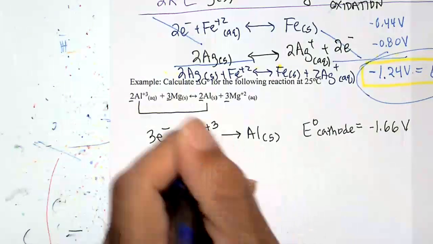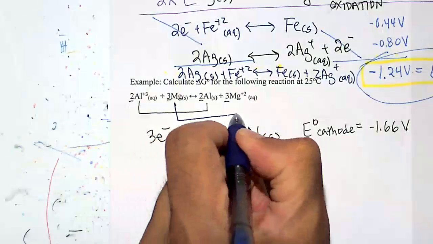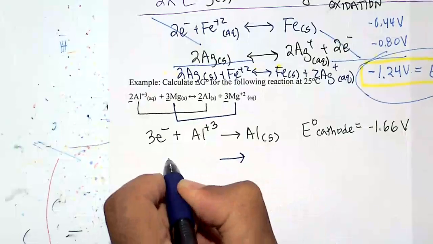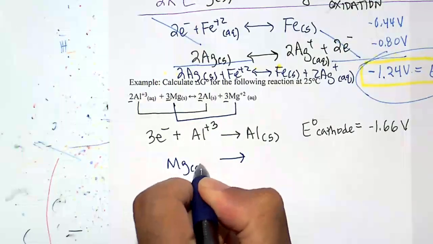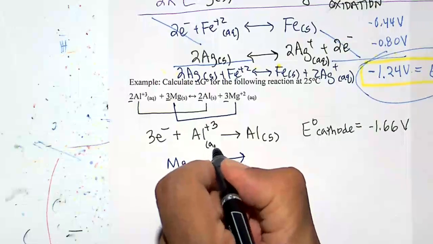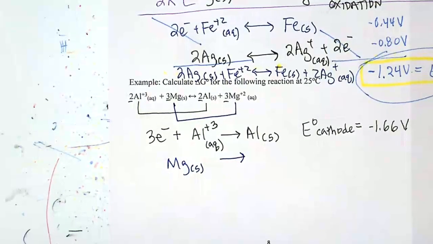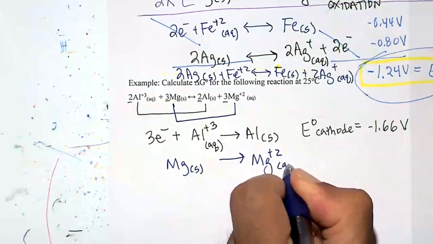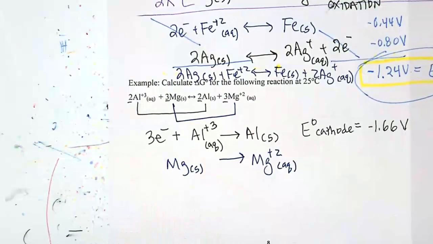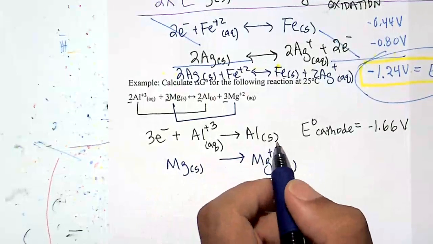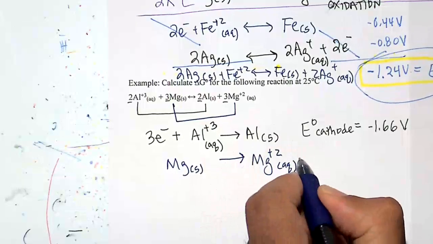Now in blue ink we'll do magnesium solid goes to magnesium plus 2. How many electrons and where should this go to balance out? It's 2 electrons on the product side.